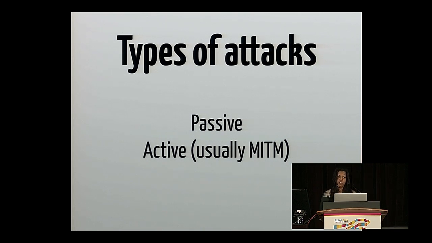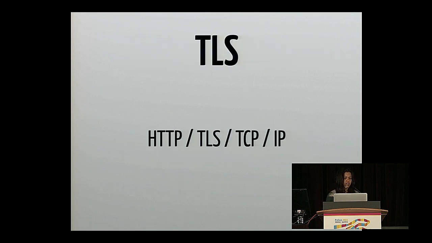Active attacks, on the other hand, involve sending data to either party or misdirecting traffic. This usually takes the form of a man-in-the-middle attack. TLS is largely not vulnerable to passive attacks, though there's always the possibility. Before learning how that security hole I showed you can be fixed, let's learn a bit about TLS.